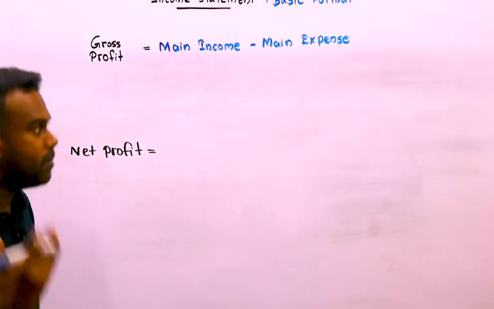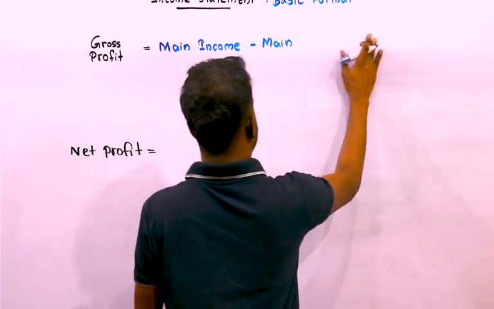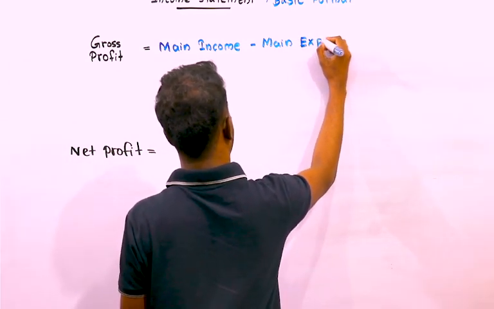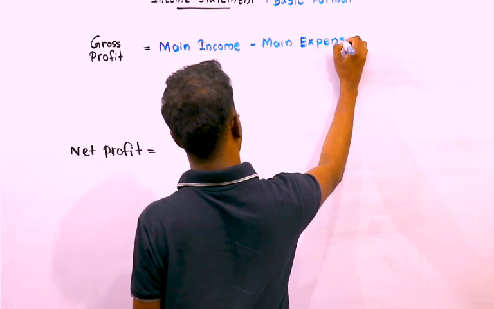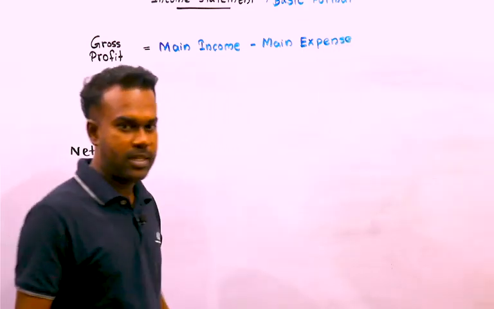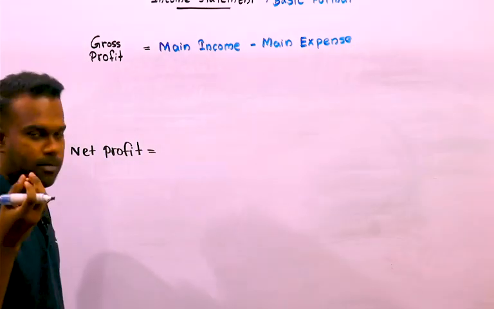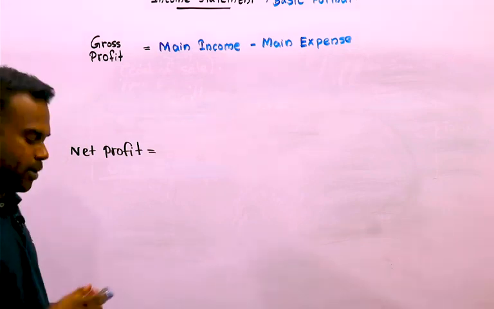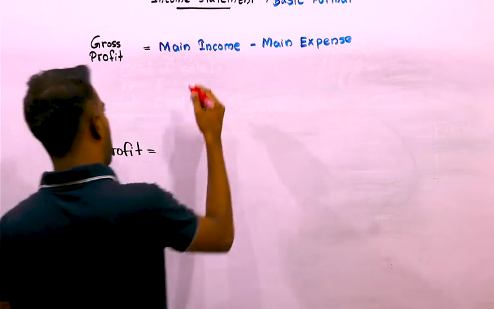Main income and main expense. That's the basic profit. Right? That is the basic, right? Basic profit. So, Lamai, do you remember what we call main incomes?